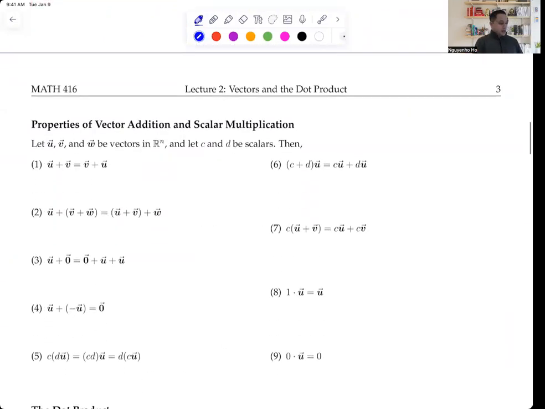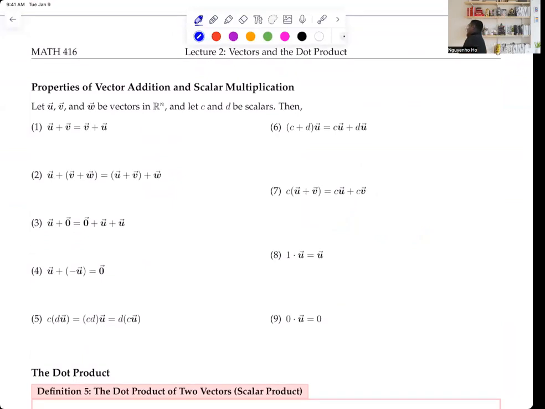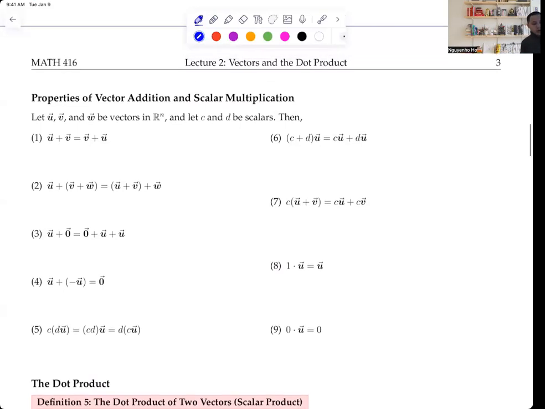So there are some properties of vector addition and scalar multiplication. Again, all of these properties you should have seen in multivariable calculus and linear algebra. The first one is u plus v is equal to v plus u. That's the commutative property.